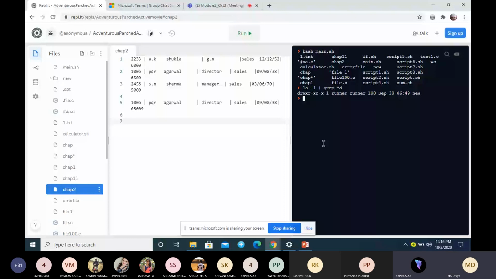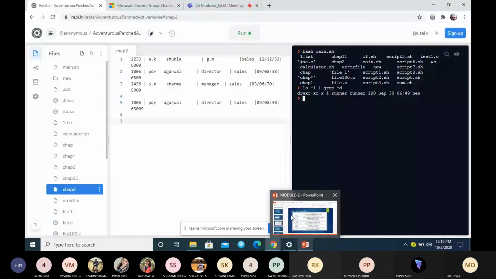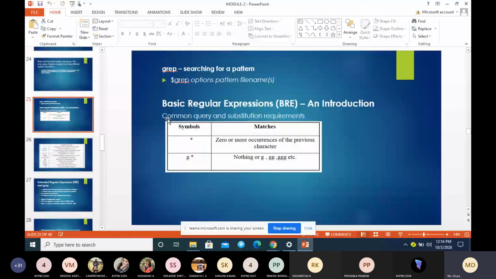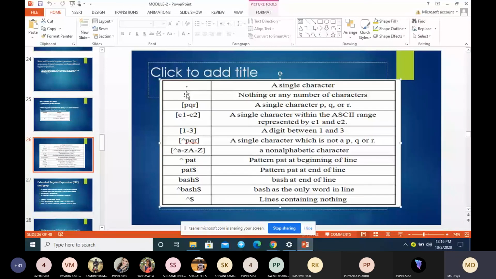So this is all about the different regular expressions. We have discussed what is star, what is a character followed by star, what if you give dot star, what if you write a class, and what if you use negation inside the class, negating the class.